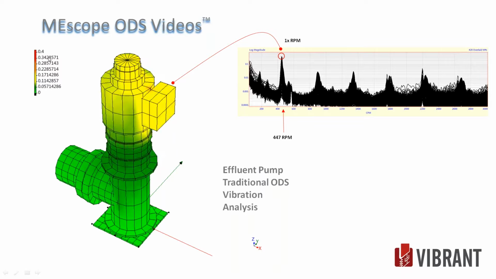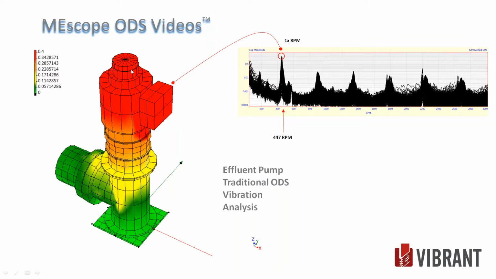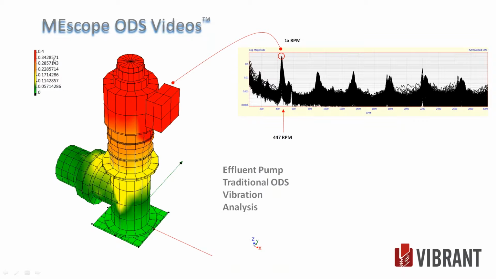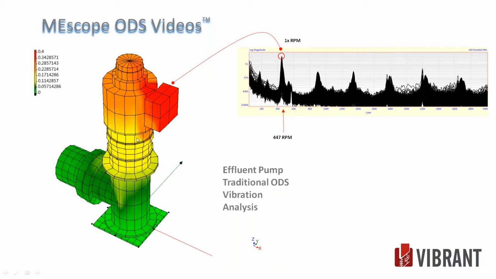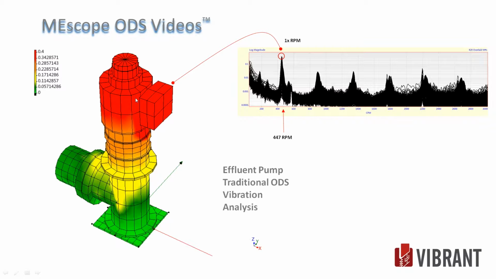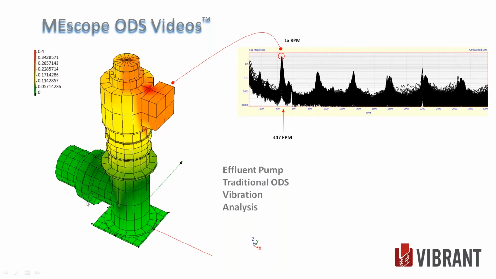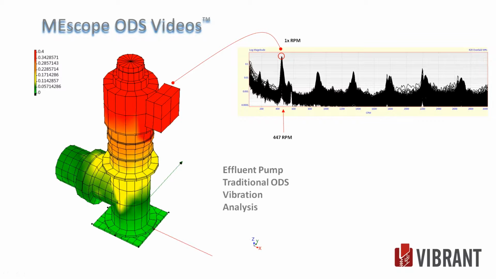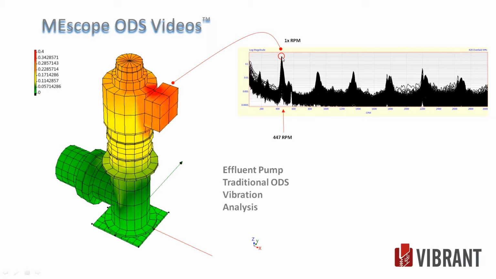We were getting about 0.4 inches per second out here on the end, and this was 25, 30 feet of pump stand. 0.4 isn't that bad for something of this size, but it should have been a lot lower. If we didn't have to bind this up or cause all that stress in it when we pulled it together, then this peak would have been much smaller.